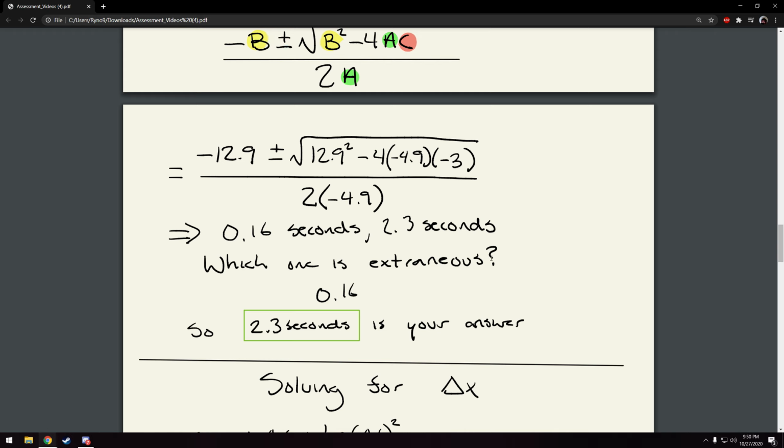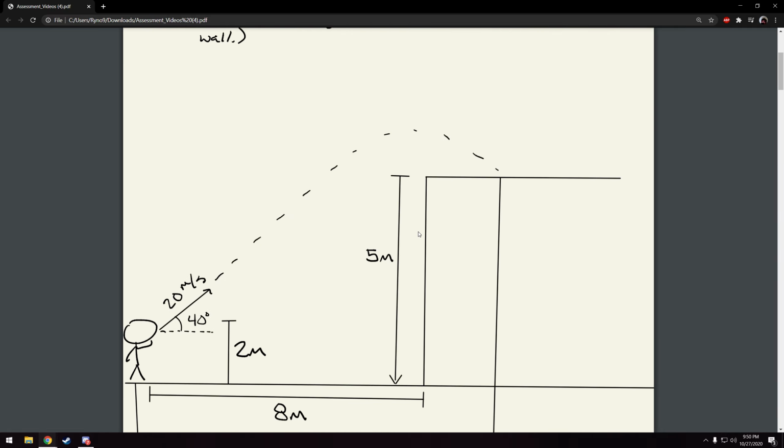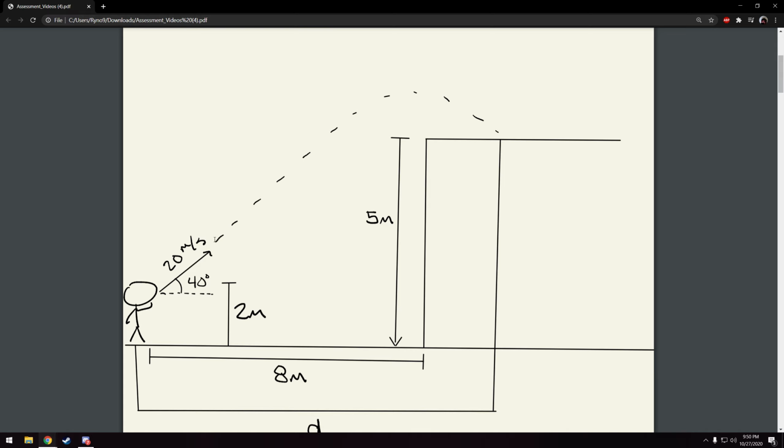Now we need to determine, since we got 2 times, which one is extraneous, and I'll tell you why we got 2 times. If you go up here, you'll notice that this ball arc actually equals 5 meters twice. It equals it here, and it equals it here. And we need to determine, based off the numbers we got, which ones we want to use. Now, obviously, we're not going to use this one because the ball doesn't hit the wall here. It actually hits it over here at a later time.